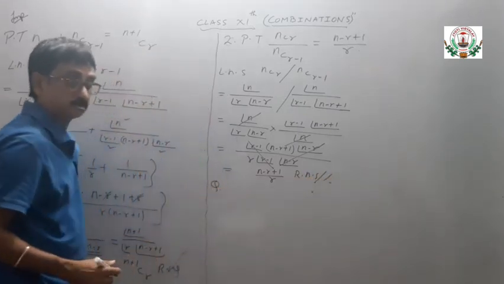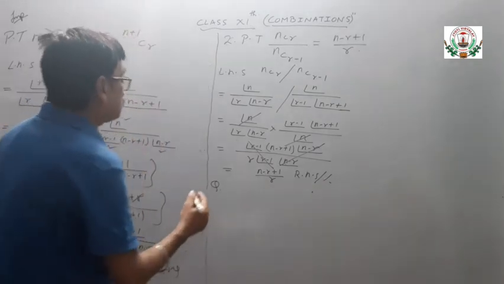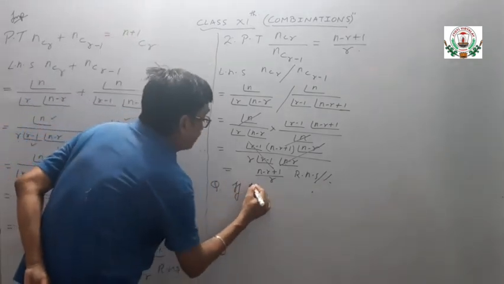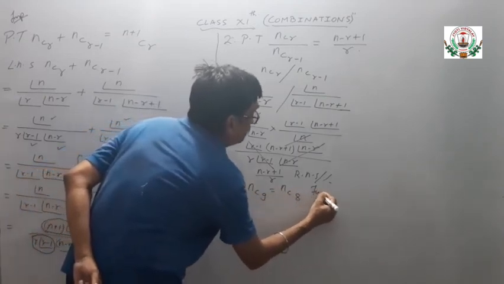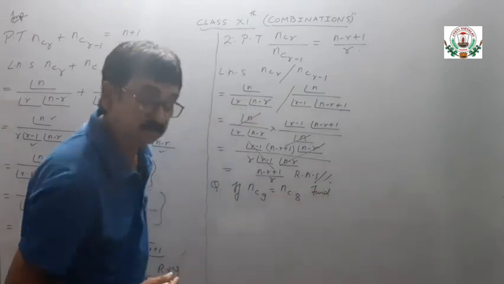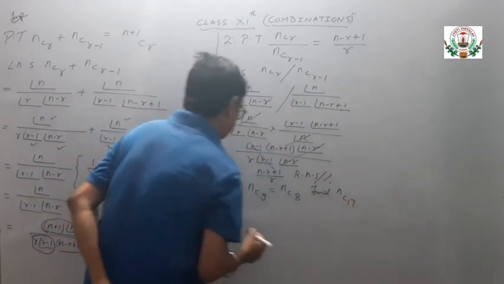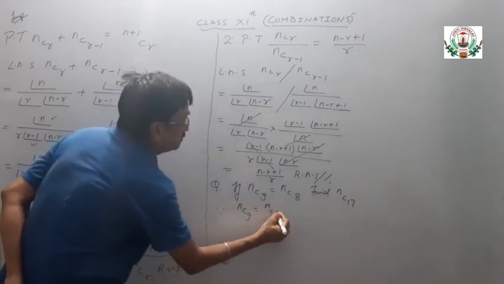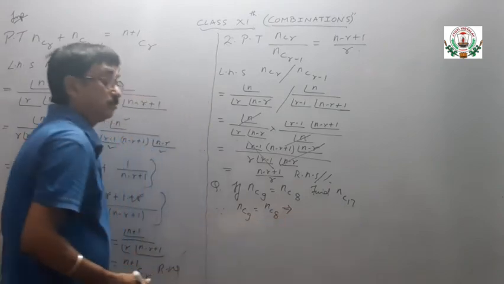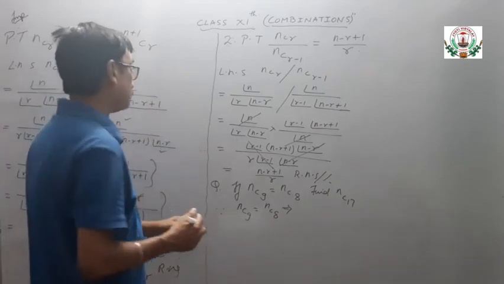Next I am going to discuss one question. If NC9 equals NC8, find NC17. Since it is given that NC9 is equal to NC8, implies either in the LHS or in the RHS we can apply the complementary combination formula.